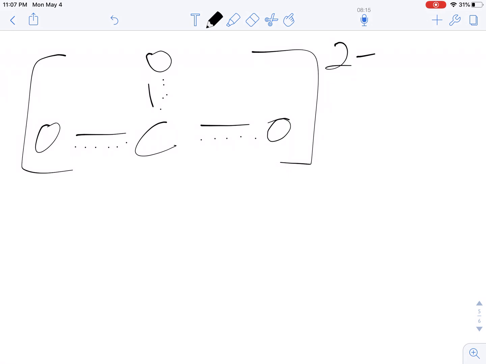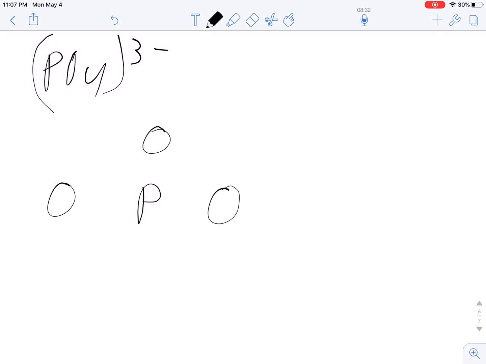But let's do one more example. Let's do phosphate. All right. So phosphorus goes in the middle. I've got my 4 oxygens around it. Each oxygen has 6 electrons because it's in group 6A. The phosphorus is in group 5A.